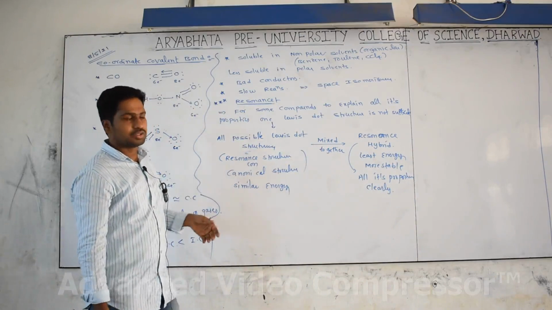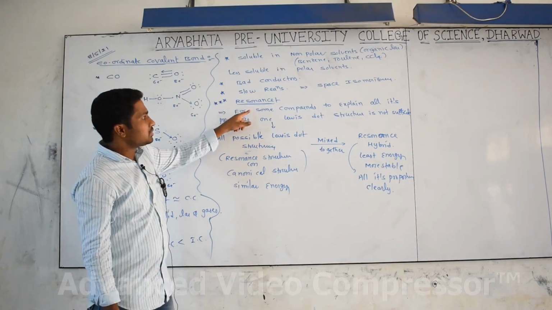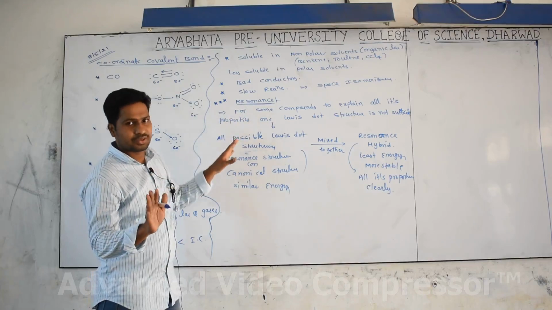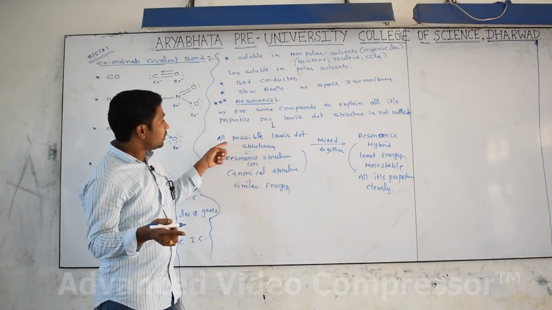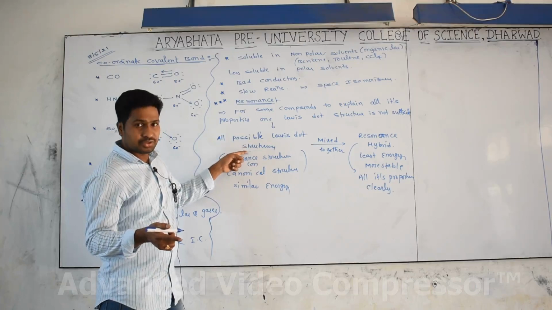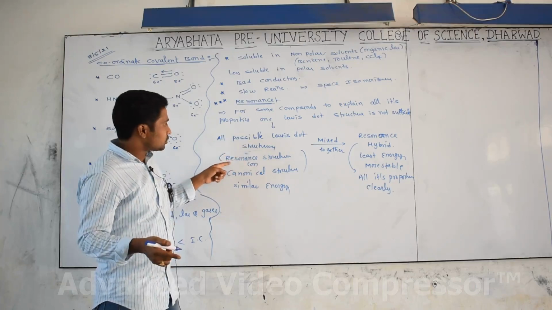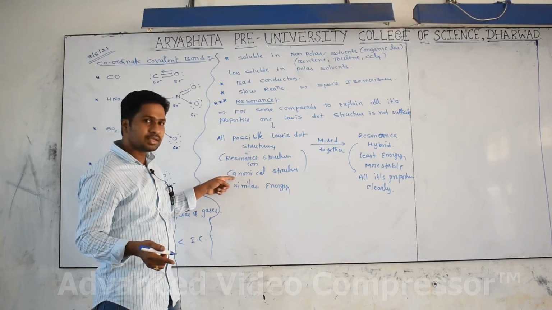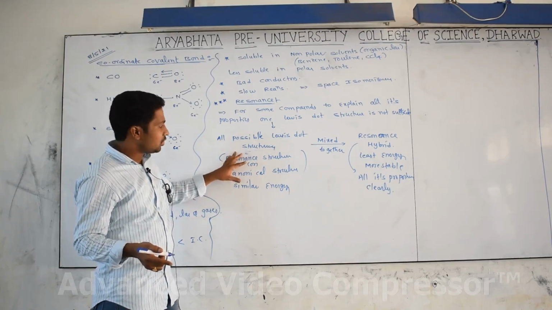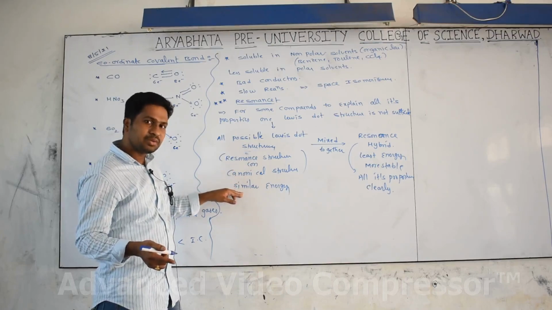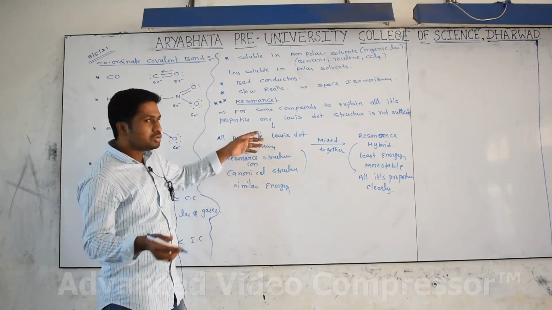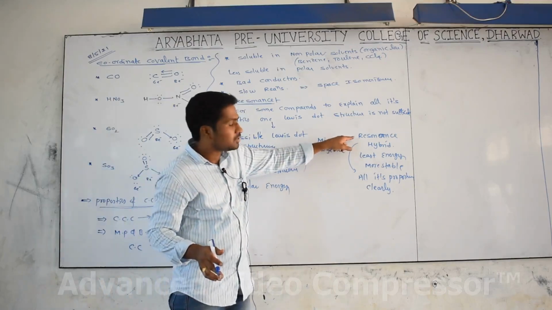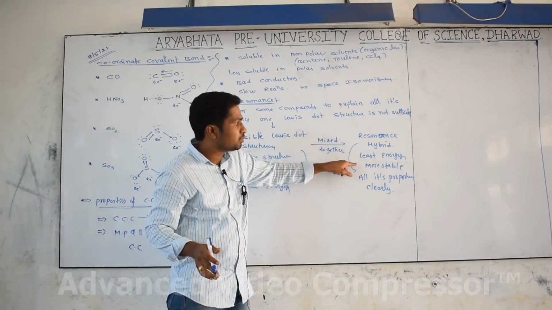And what is the concept? Resonance means for some compounds, to explain all their properties, one Lewis dot structure is not sufficient. Then what do we have to do? Write down all possible Lewis dot structures for that molecule. Those possible structures are called resonance structures, or canonical structures. They all have similar energy. When all those structures are mixed together, we get a hybrid, called the resonance hybrid, which has the least energy and is more stable.